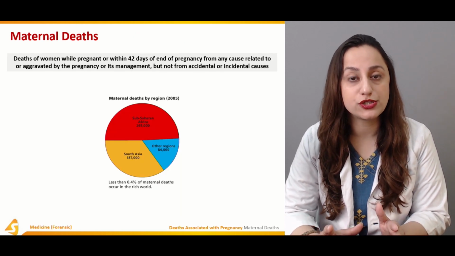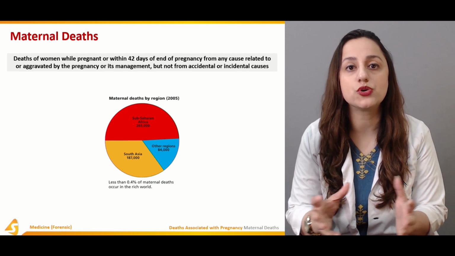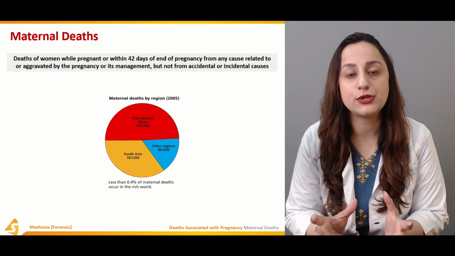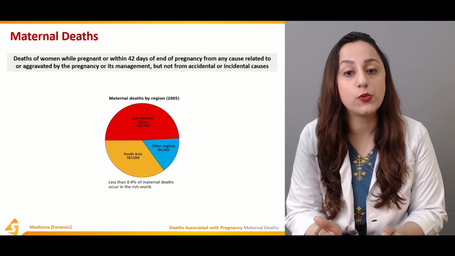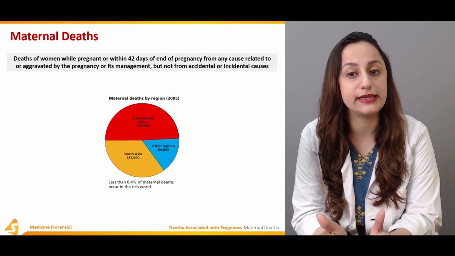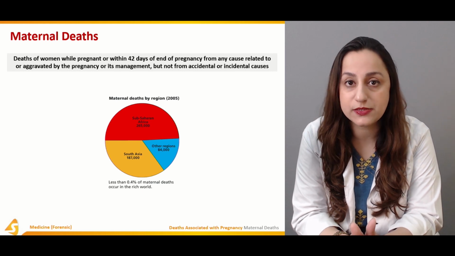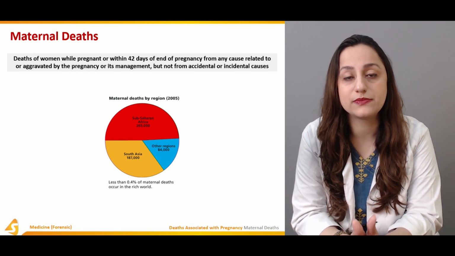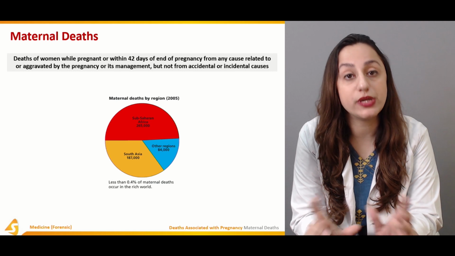First of all, moving on to the definitions. They are really important just to clear out all the different terminologies in your mind. Deaths of women while pregnant or within 42 days of the end of pregnancy from any cause related to or aggravated by the pregnancy or its management. Here I want to highlight that it is irrespective of the duration of the pregnancy.